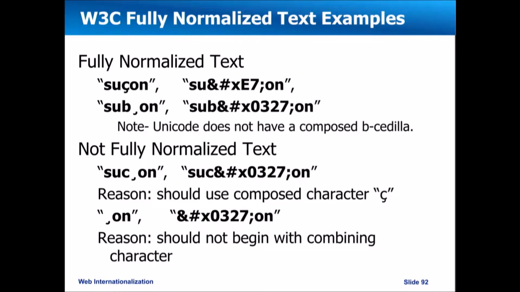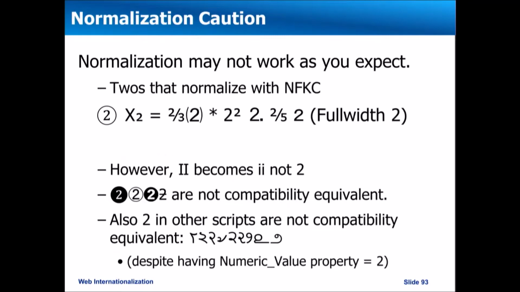So the other thing you want to be careful about is when you're passing strings around and dealing with them within your documents, you don't have a string or a buffer that starts with a combining character, because that can lead to all sorts of security issues and other problems. And I'll just caution, normalization is a great idea. It makes a lot of things work the way you want, but also sometimes people are surprised that it doesn't quite always do what they expect.